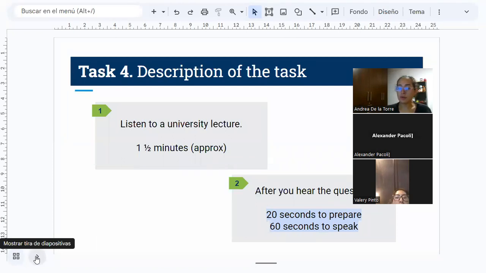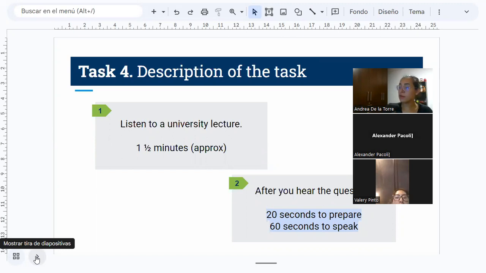This lecture is around 1.5 minutes or maybe 2, and it's a university lecture. It's an academic class about a certain topic, and you have to just listen to it. Then you will get the question that will ask you to summarize the points made in the lecture, and you will have 20 seconds to prepare and 1 minute to speak.